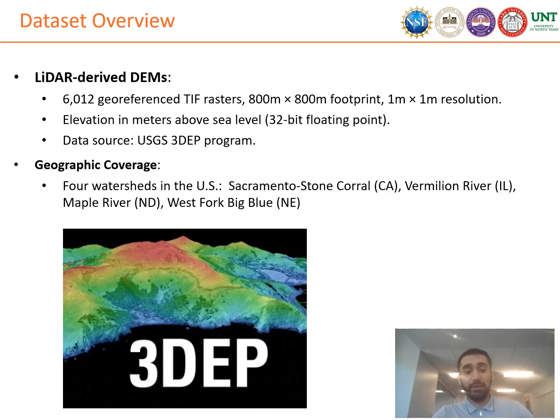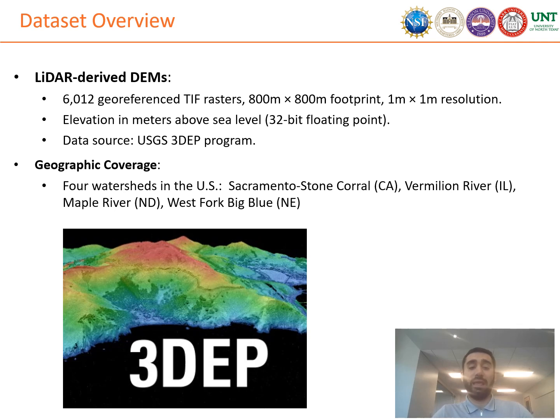So the data set that we used is LiDAR-derived high-resolution DEMs, which is roughly about 6,000 georeferenced TIF rasters, each 800 meter by 800 meter footprint, and with the resolution of 1 meter by 1 meter.